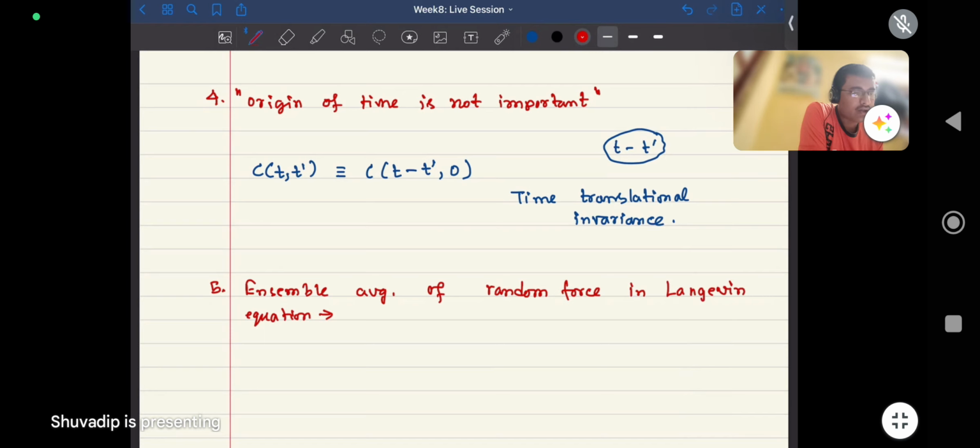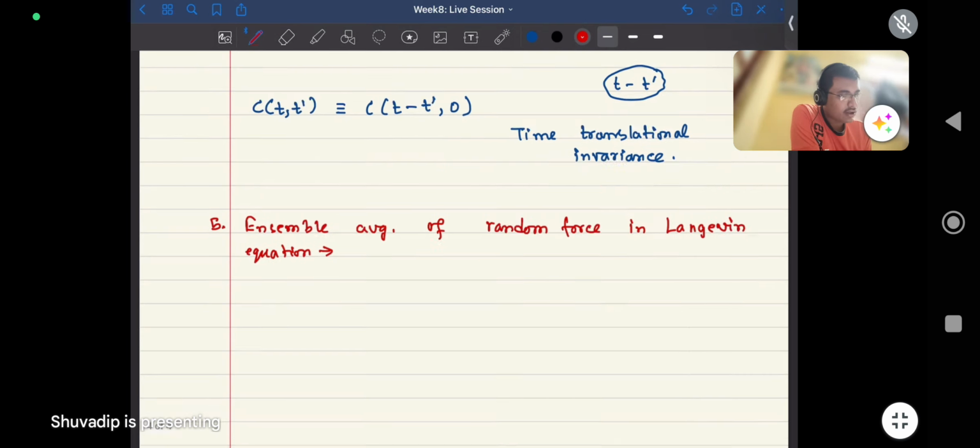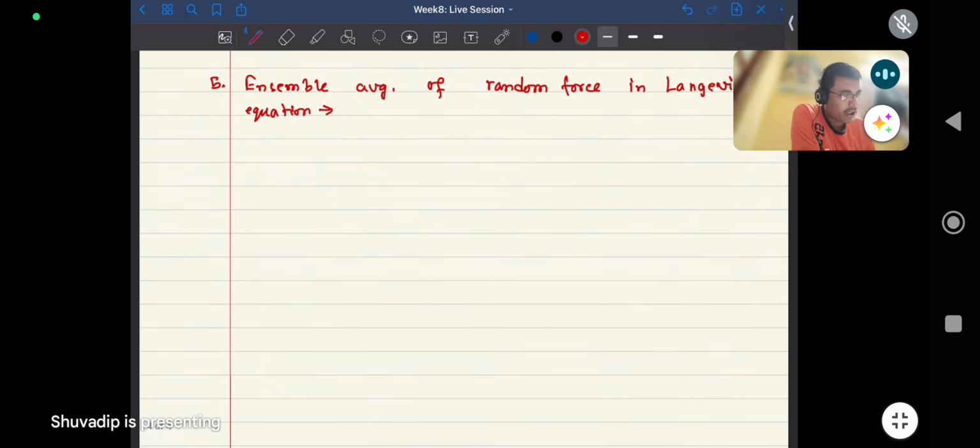As we have already said, this random force is generated due to the thermal kicks of the medium particles, or solid particles, or if it is in the air, by the air molecules, or if it is in the water, by the water molecules. You can imagine that it is equally likely to get a thermal kick from every direction.